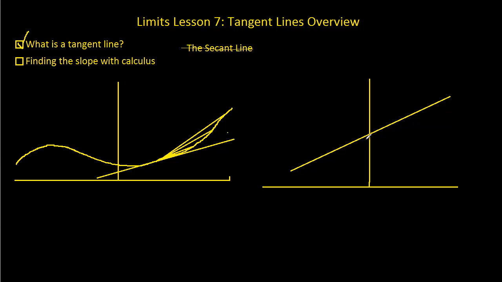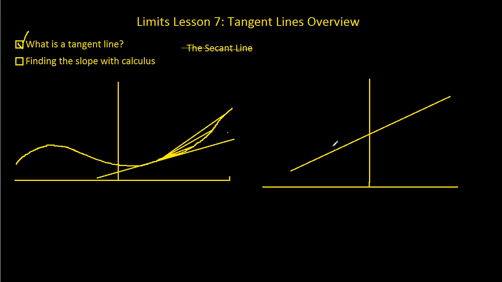Or, I mean, if you want to find the equation of a line, you need at least a slope and a point. But if you want to find the slope, you need 2 points, because you need a rise and a run. And you need some ratio of change as we move along the x-axis.